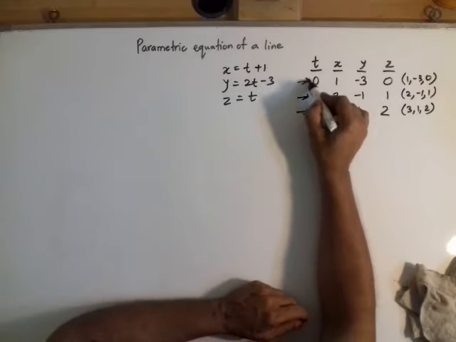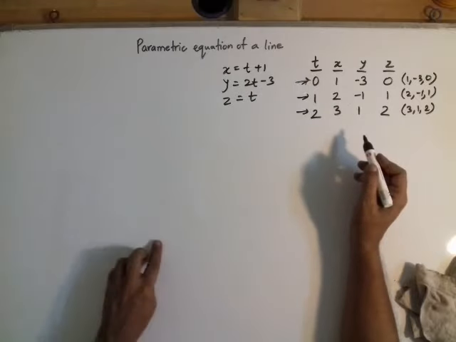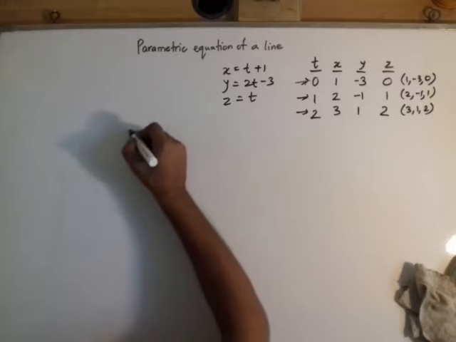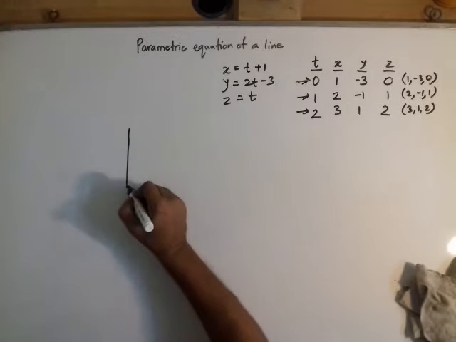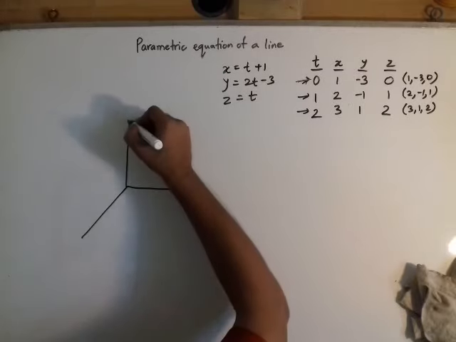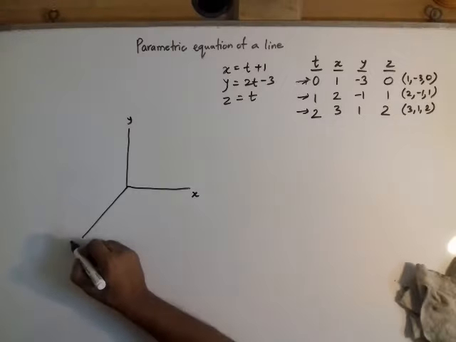I don't know how to do that in 3D. I don't know how to calculate a slope in 3D. So I'm going to try something else. Let's draw our 3D plane. X, Y, Z.